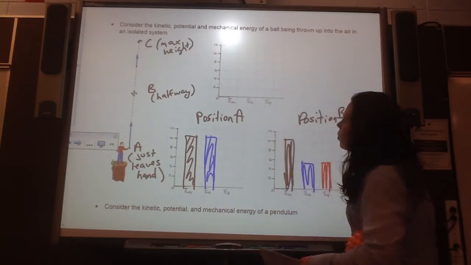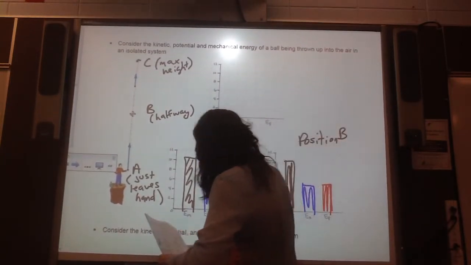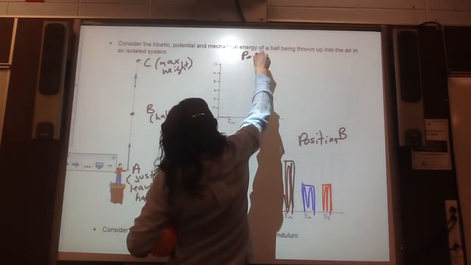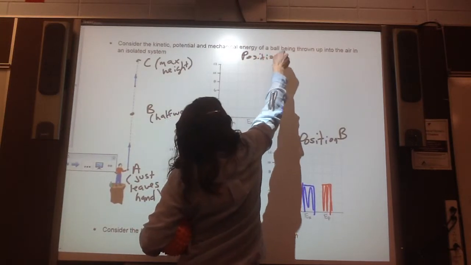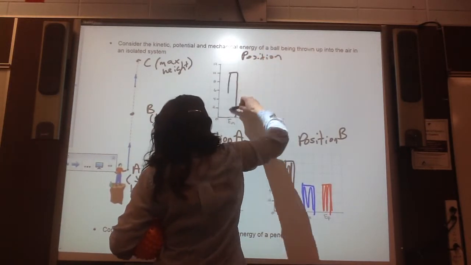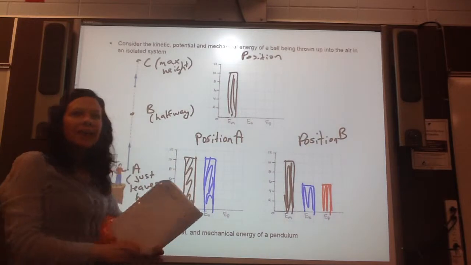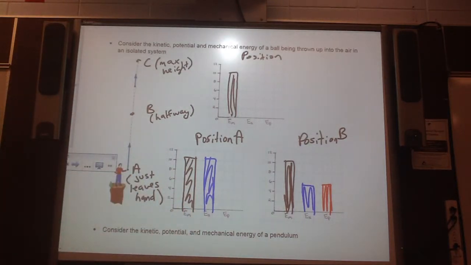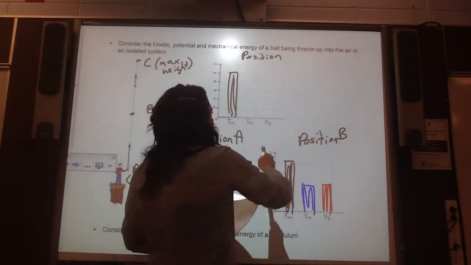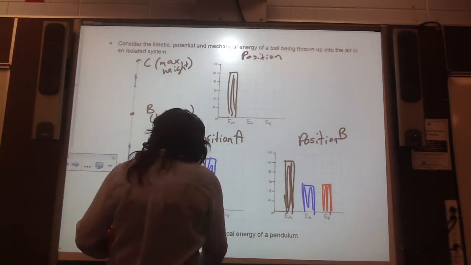So now let's do position C up there. EM, again, is always 10. Now at that maximum height, does the ball have movement? No. We know our V is equal to 0, so EK must be 0 as well.